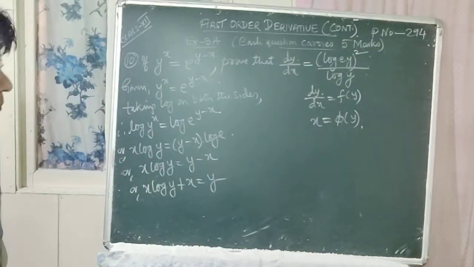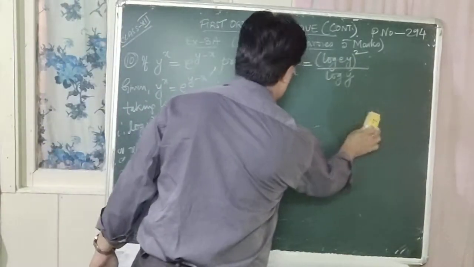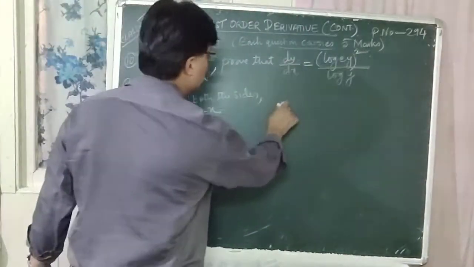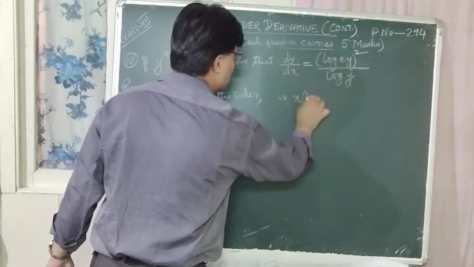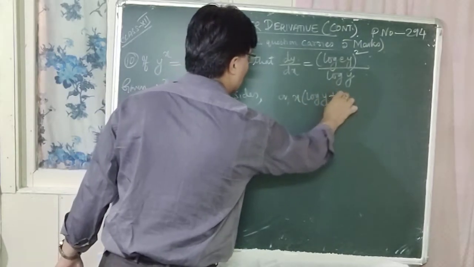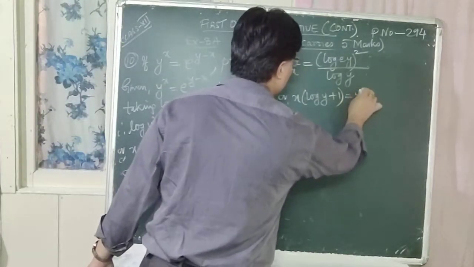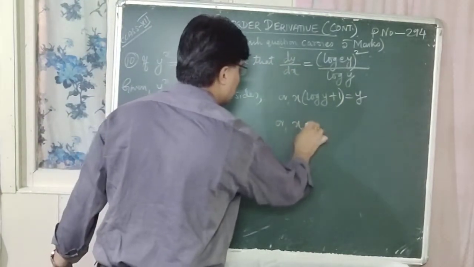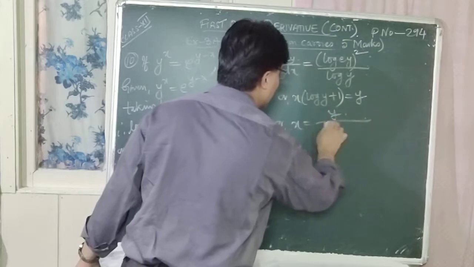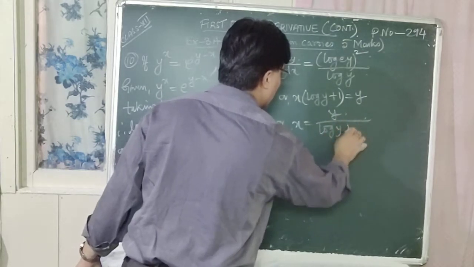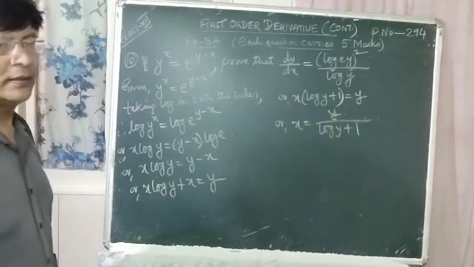Is that clear now? Next, take x common. Within the bracket, it is log y plus 1, isn't it? Is equal to y. Or x is equal to y divided by log y plus 1. Okay?